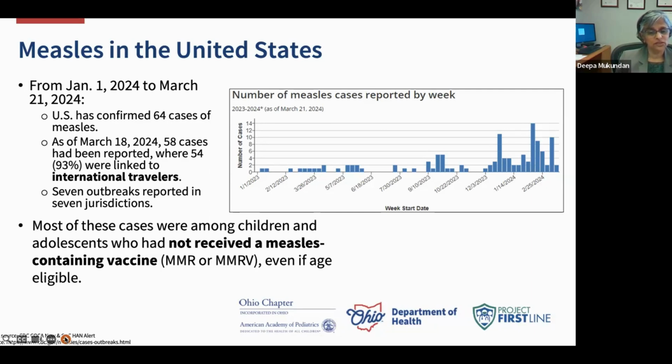By the time this patient was diagnosed, a few people were exposed because of inappropriate personal protective equipment. One of the ways we can mitigate that is asking about international travel and immunization status, which increases your risk for measles. And also understanding what are the CDC recommendations for outbreaks. Next.